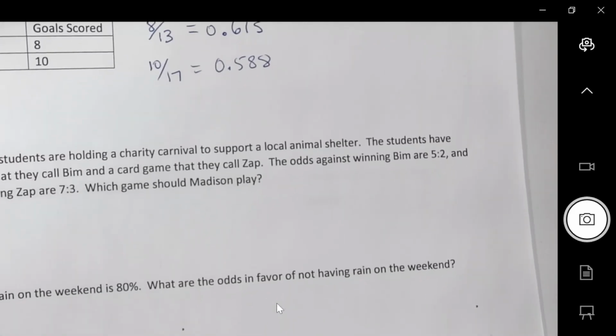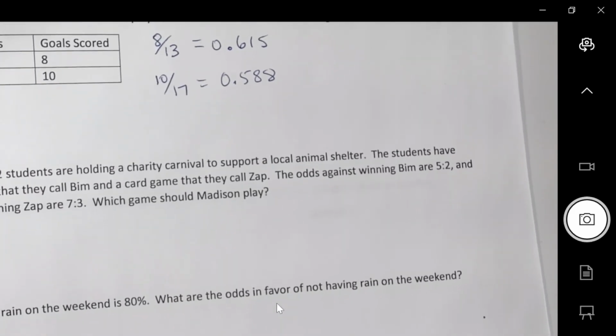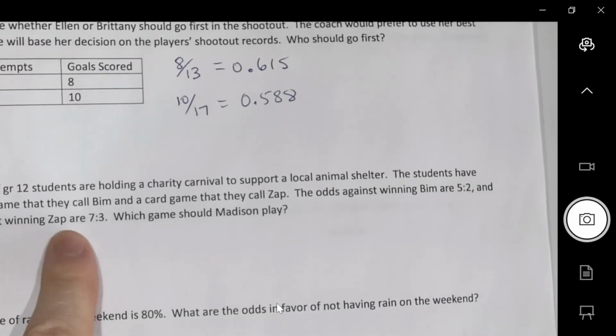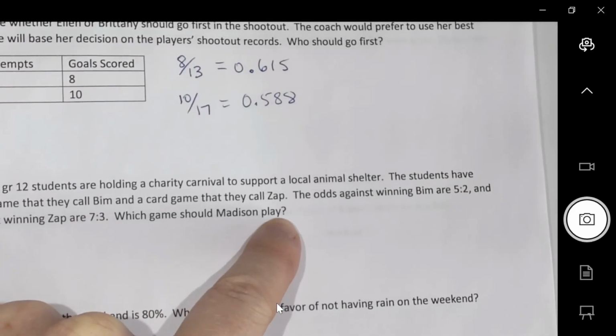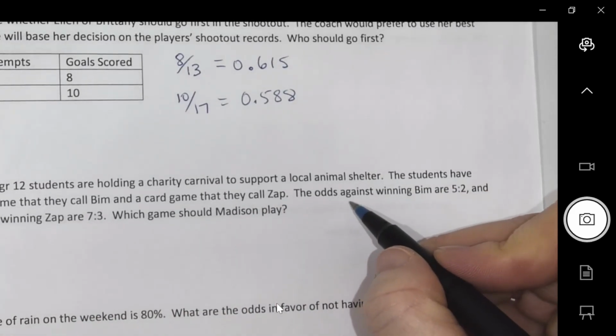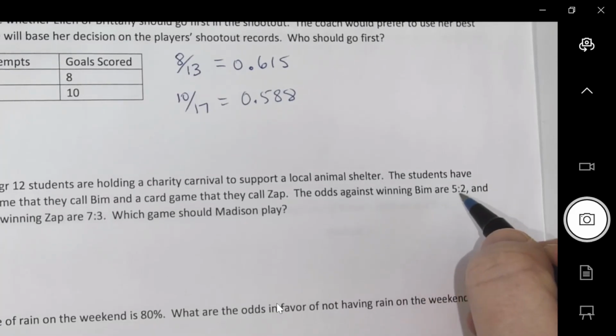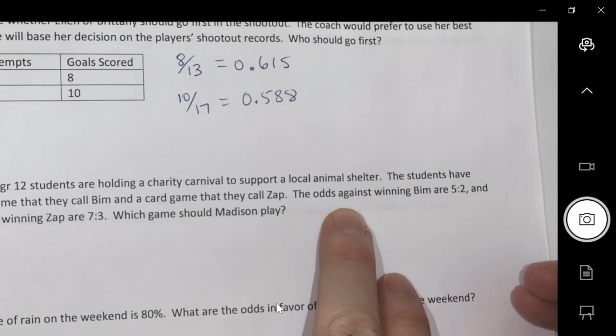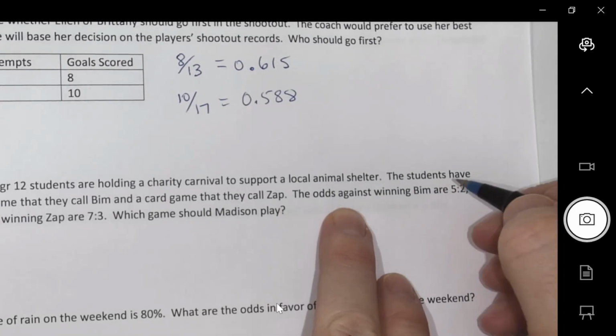Okay, 2 more questions. There is a carnival happening and some students created a dice game called BIM and a card game called Zap. The odds against winning BIM are 5 to 2.